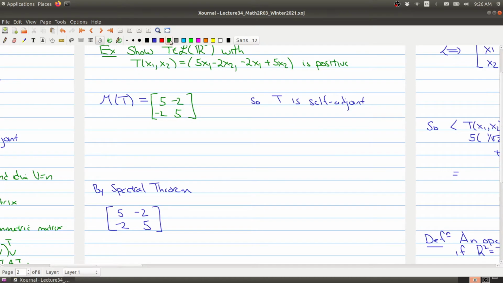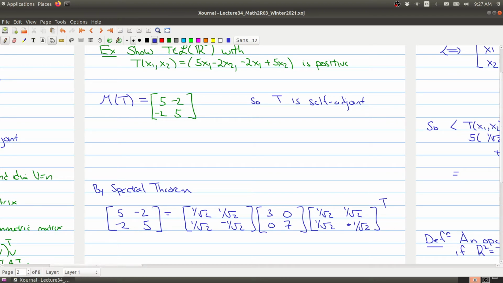Now by the spectral theorem, which we talked about in the last lecture, we can decompose this. Actually, this might have been the matrix we did in the last lecture, I can't remember. We can decompose this into this form. Let me just write it out.